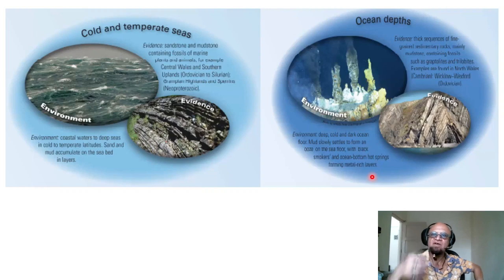They are coming out of the mantle of the earth and bringing lots of energy and chemicals and forming these smokers. Evidence comes in thick sequences of fine material like sedimentary rocks, mainly mudstones containing fossils such as graptolites and trilobites, and examples come from the Cambrian and Ordovician.